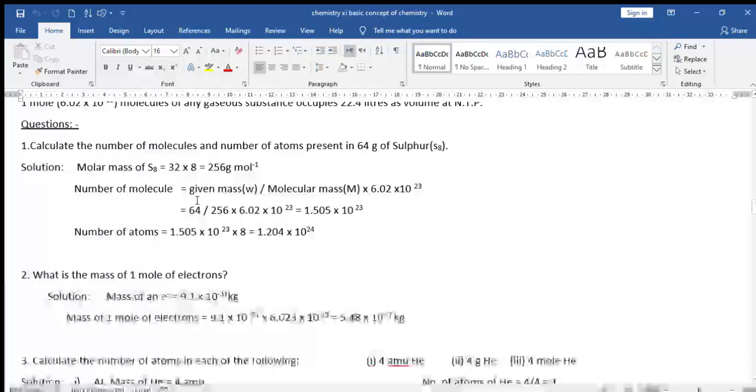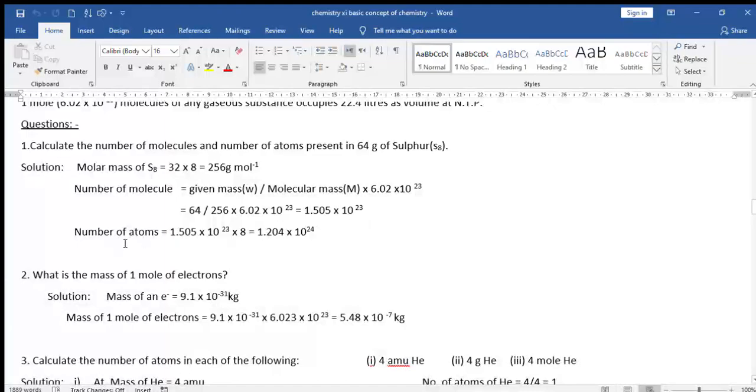Number of moles is equal to given mass divided by molecular mass. This is the number of gram molecule in 64 gram of sulfur. So if we multiply this value by 6.02 into 10 to the power 23, we get the total number of molecules, which is 1.505 into 10 power 23.